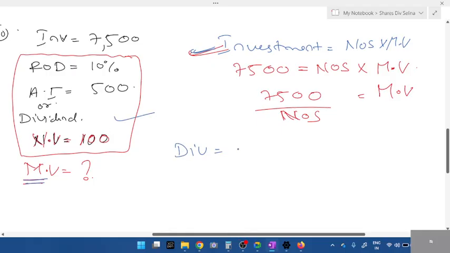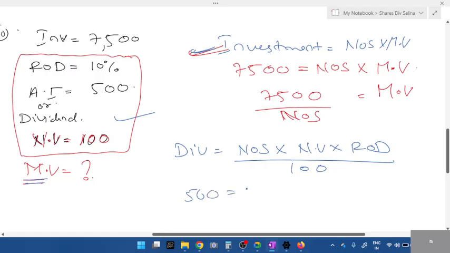Okay. Dividend is equal to what? Number of share into nominal value into rate of dividend by 100. What is dividend? Number of share is not given. What is nominal value? 100. Okay, this was a good question. What is rate of dividend? 10.